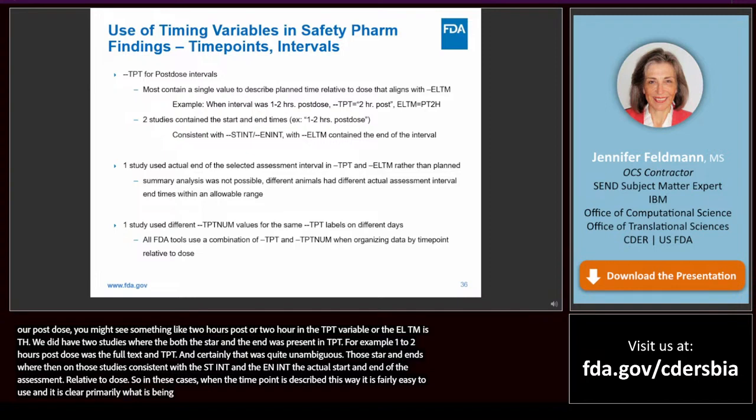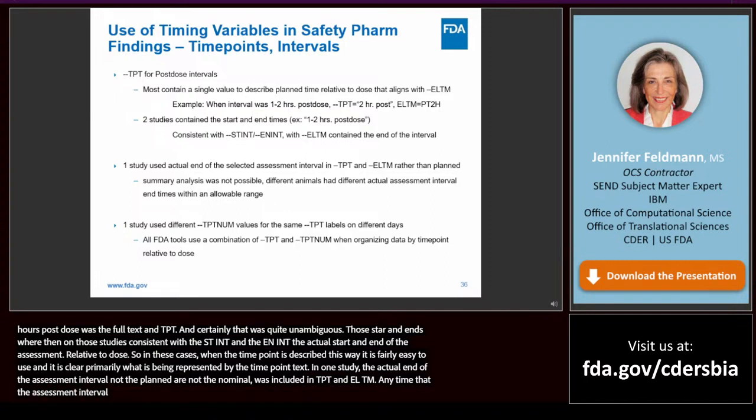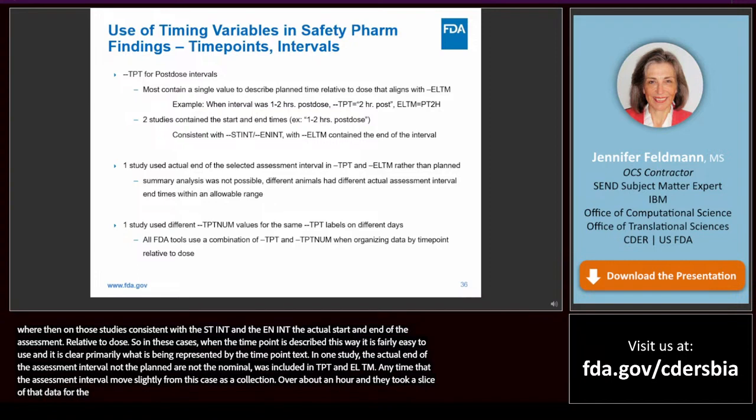Now, in one study, the actual end of the assessment interval, not the planned or nominal, was included in TPT and ELTM. So any time that the assessment interval moved slightly, so in this case there was a collection period over, I believe it was about an hour, and they took a slice of that data for the hour and did the assessment on that.